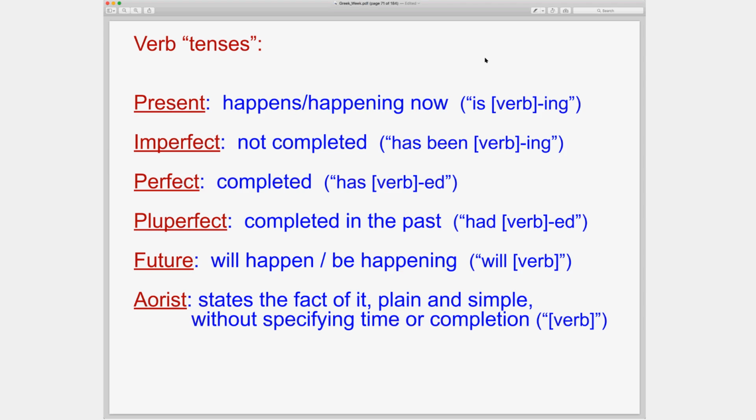Future will happen in the future. Obviously, that's the same. It's easy. And then the aorist states the fact of it plain and simple without specifying time or completion. So here we have no time. It's indefinite. We'll get into that a little bit more later. Those are the verb tenses in Greek.